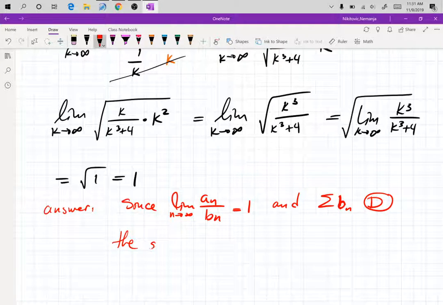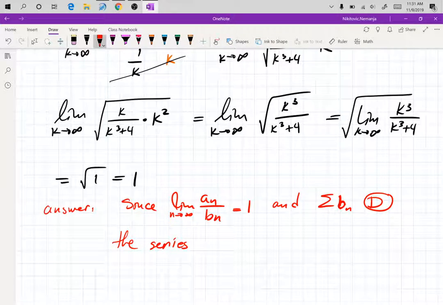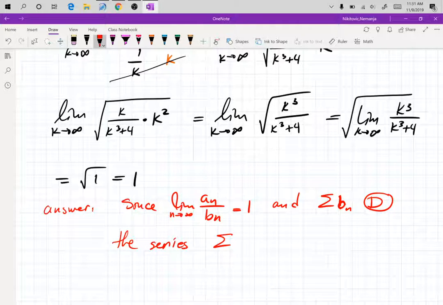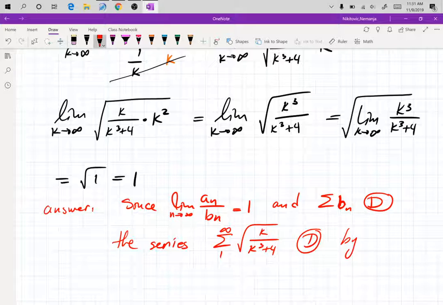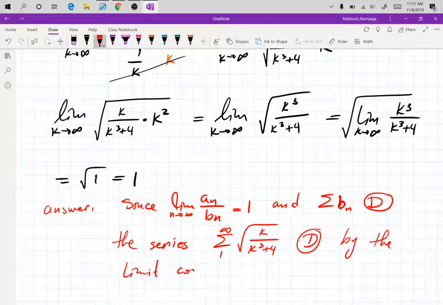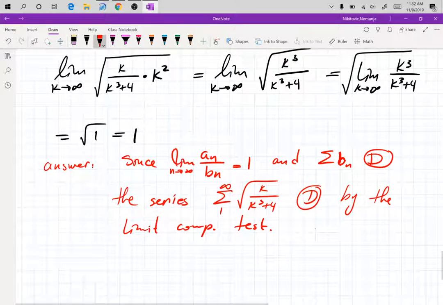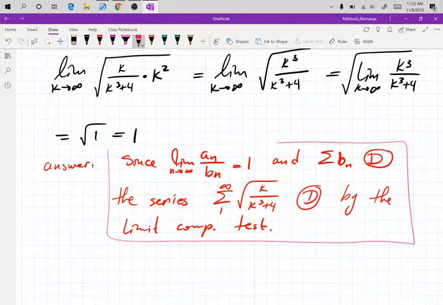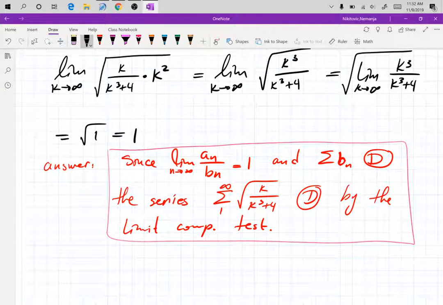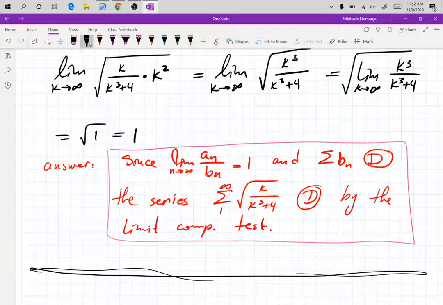The series summation of square root of k over k cubed plus 4, from 1 to infinity, diverges by the limit comparison test. Ta-da! So whatever way you can take that limit, just make sure it's correct.